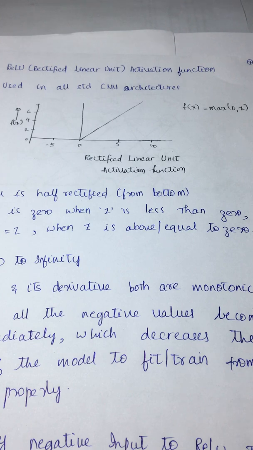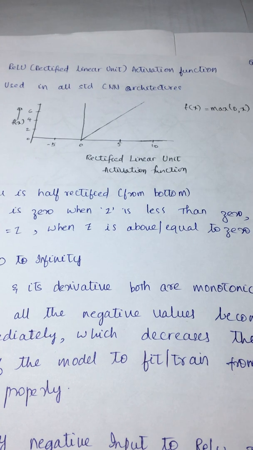But one major drawback is that since negative values become 0 immediately, because the function is nothing but max of 0 and x, it is not able to handle negative values. So it's not able to fit or train negative values. This is one major drawback.